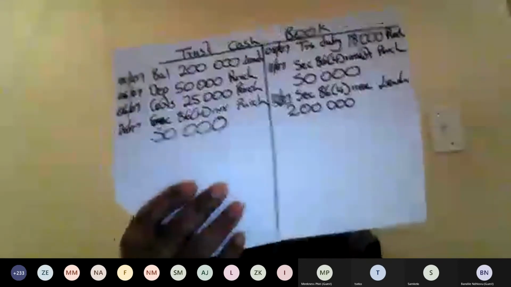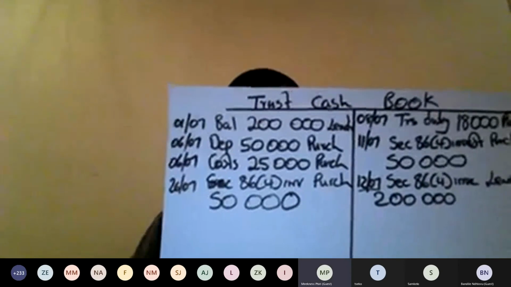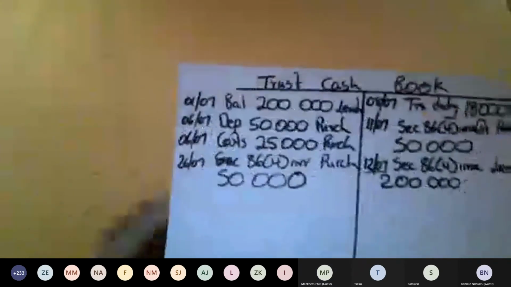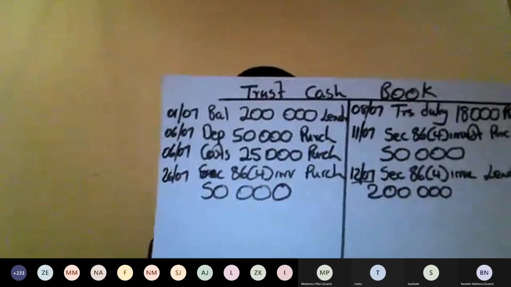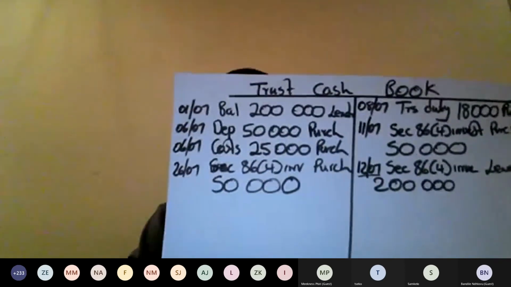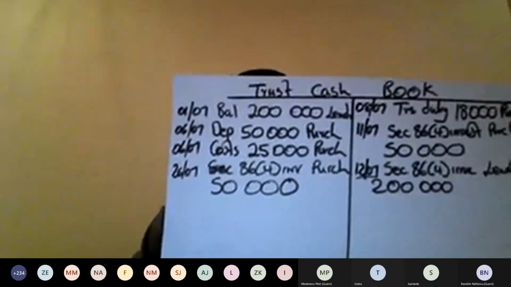Section 86, investment for the purchaser, and then you will debit that amount of 50,000. That means now you are receiving that money back into your trust account, into your trust cash book.